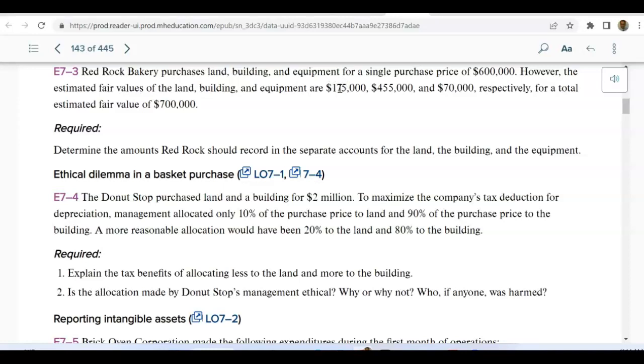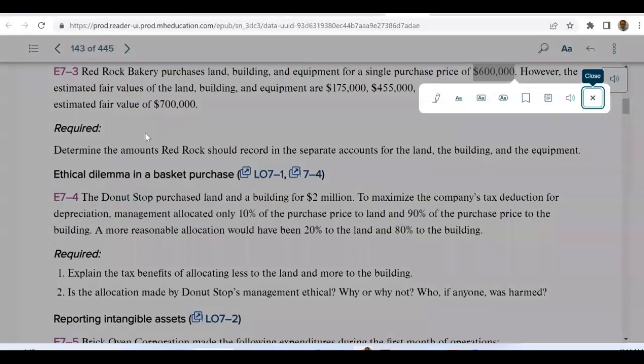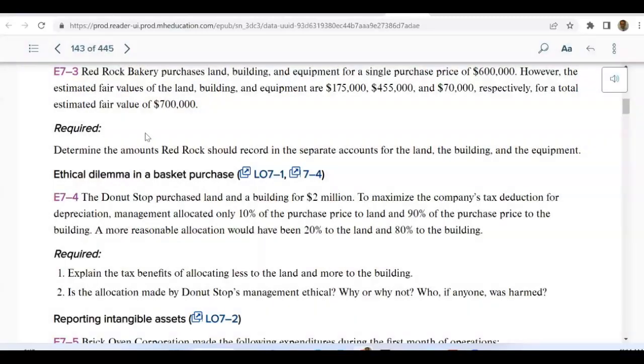Land is $175,000, building is $455,000, and equipment is $70,000, respectively, for a total estimated fair value of $700,000. So the fair value is 700, but we purchased a good deal basket price of 600,000. Now you are doing the journal entry, what T account you will construct for land, building, and equipment.